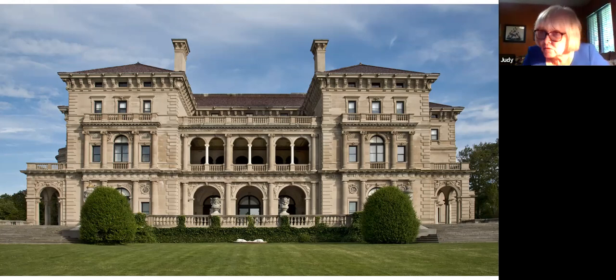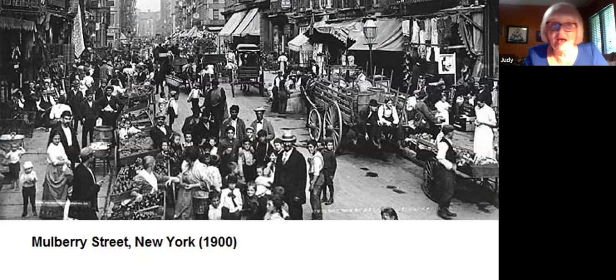While people were enjoying this kind of life, there was another side of the United States. Here you have Mulberry Street in New York in the 1900s. What a contrast, from those mansions to this.